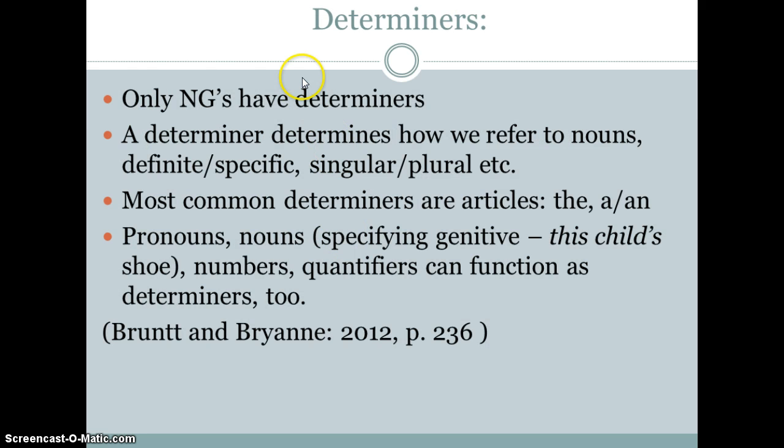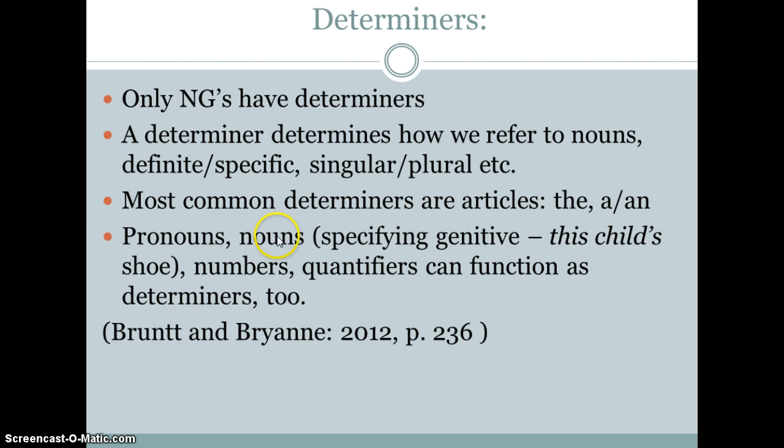Next we're going to look at determiners. Only noun groups have determiners, and a determiner determines how we refer to nouns. We can refer to nouns definitely or specifically, and they can also show us whether we're talking about the singular or the plural. The most common determiners are the articles. The definite article, the, and the indefinite article, a or an.